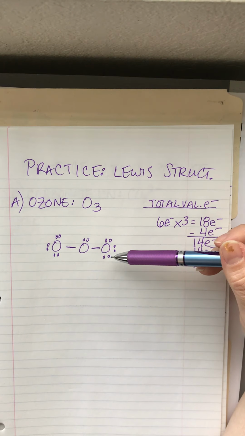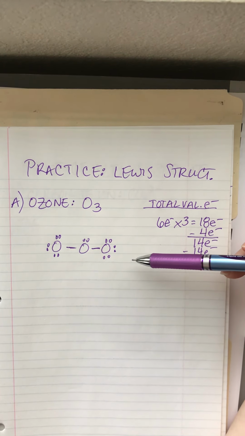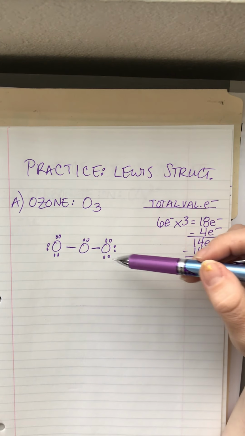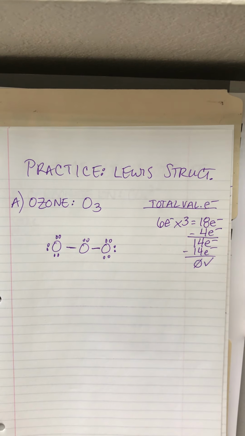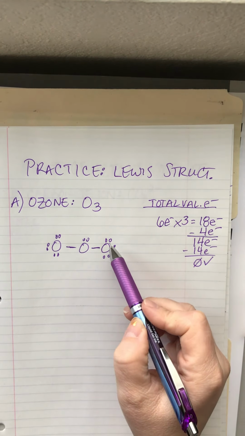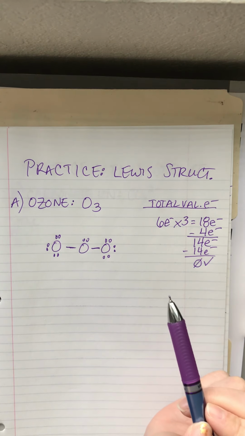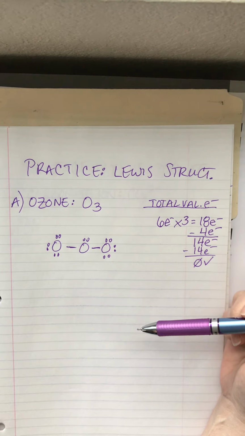Where you choose to put the lone pairs at the beginning doesn't matter, because the next step is to evaluate the octet rule for each one of the oxygens. When we evaluate the octet rule, we count how many electrons are around each atom. We have 2, 4, 6, 8 electrons around this oxygen, 2, 4, 6, 8 around that oxygen, and 2, 4, 6 around this oxygen.